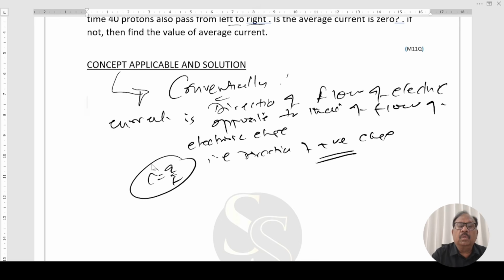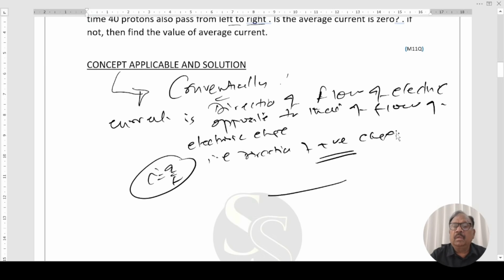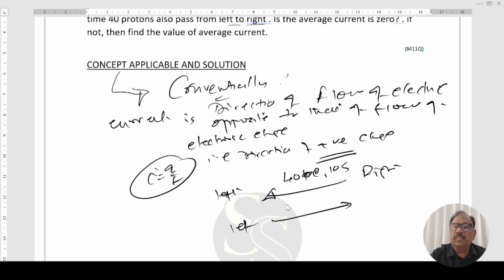Now, right to left: this is right to left, 40 electrons, 10 seconds. This is left and this is right: these are 40 protons, 10 seconds.